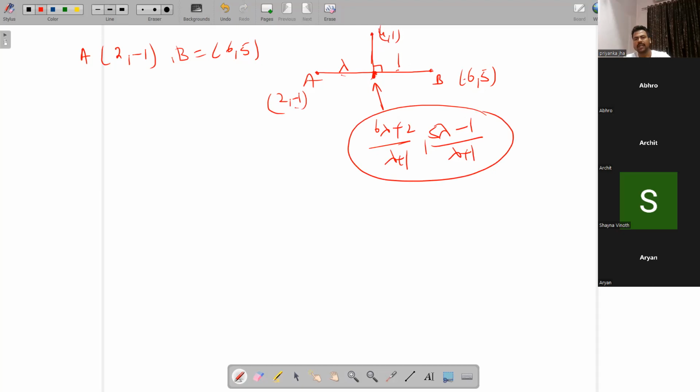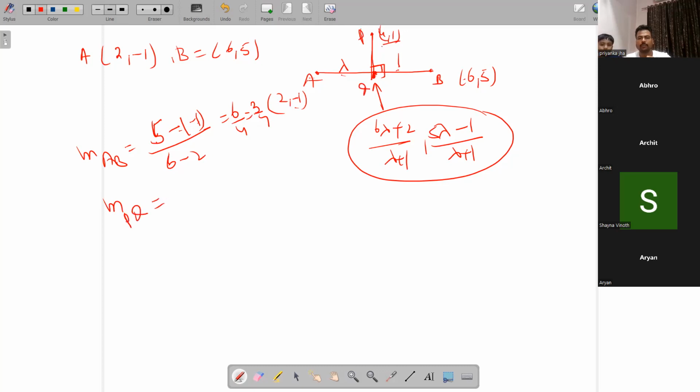Now, we know that this line is perpendicular to this. So find the slope of AB. Slope of AB is y2 minus y1 upon x2 minus x1, that is 6 upon 4, that is 3 by 2. And suppose this is PQ. What is the slope of PQ?